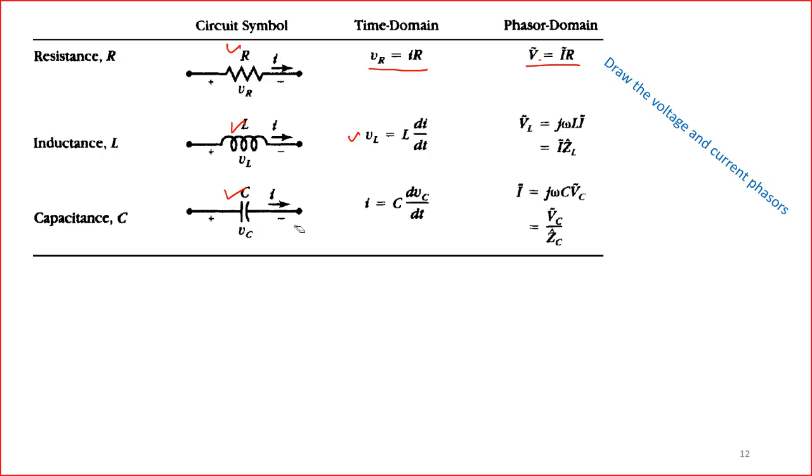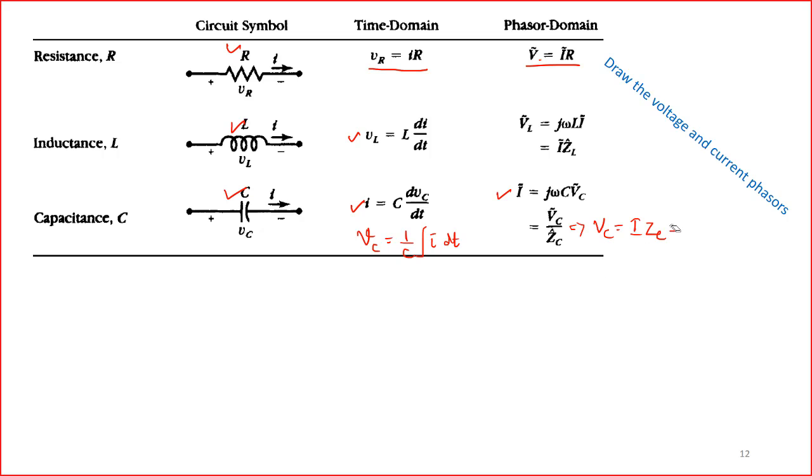Similarly, for the capacitor in the time domain, the current equation is C dVc/dt, or I can simply write Vc equals 1/C ∫ I dt. This is the relation. And your current in the phasor domain will be jωC Vc, or I can write voltage equal to I Zc.